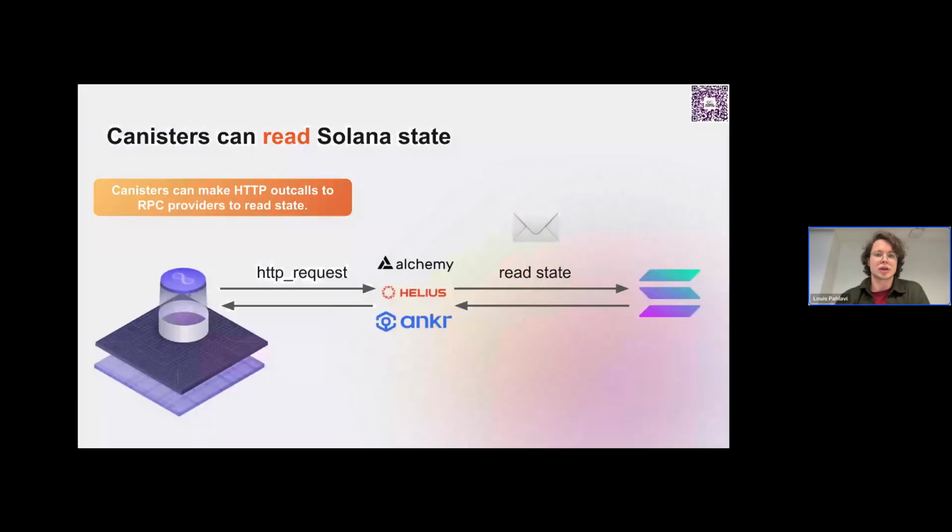And so using HTTP outcalls, canisters can read Solana state. They can make an HTTP outcall via the HTTP request management canister method. So they make a request to one of the RPC providers. The RPC providers then interact directly with the Solana blockchain and return the response. But canisters can also write to Solana state using HTTP outcalls.